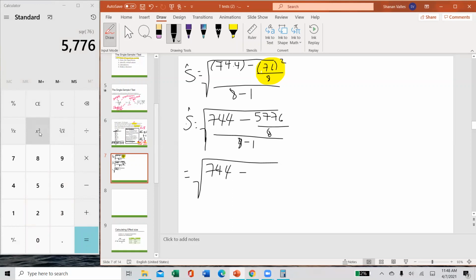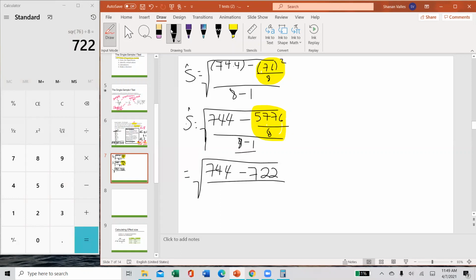I'm writing it out just because I don't want people to get confused on what I was doing, all right? So we went to 5776, and now we need to divide by 8 over here. Okay, so 5776 divided by 8 gives us 722. And that number fits a lot better with that 744, right?